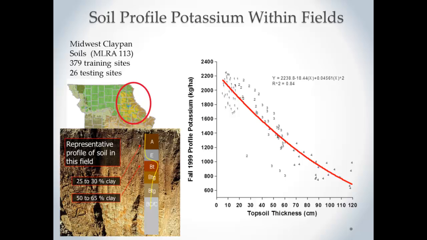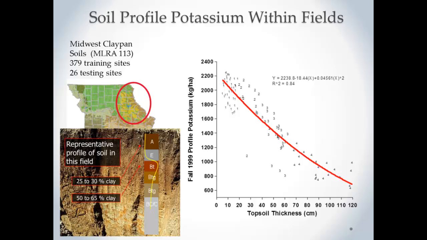Essentially, the amount of potassium increases as soon as you get to that BT horizon. So the closer that is to the surface, the more soil profile potassium you have. Where you have a very minimum amount of topsoil, you can see the profile potassium is much higher. As you have a deep BT, the profile potassium is much less. So this is a bunch of values taken on one of our research fields.